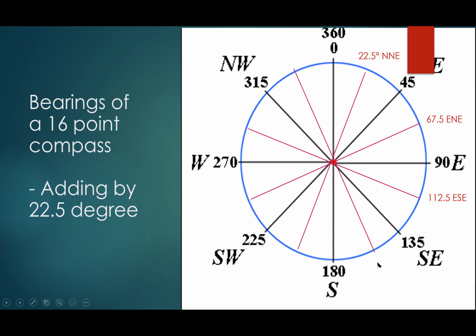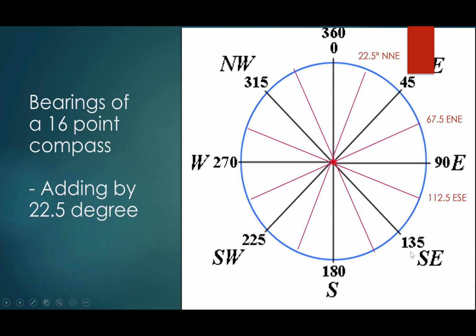What is the direction we're going to put right here where my cursor is? If you said south, southeast, you are absolutely correct. Now, what is the bearing of south, southeast? Remember, we are adding by 22.5.